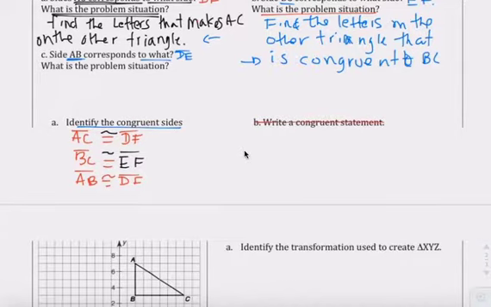You don't need to write a congruent statement. We'll skip those. I need you to write identifying congruent sides.